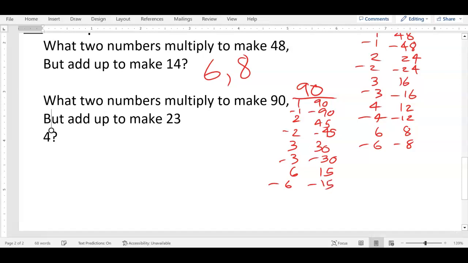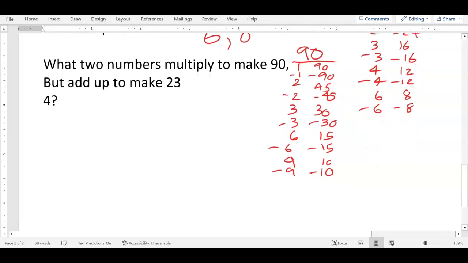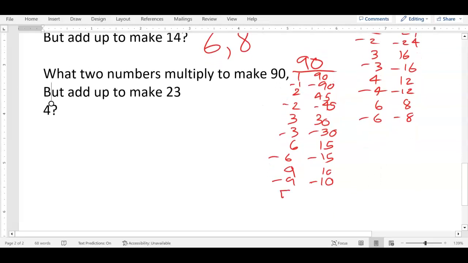What about 9? Times 10, -9 times -10. All right. Did I miss something? Yes. Oh, I missed 5. Whoops, 5 times what did I say? 18, -5 and -18.